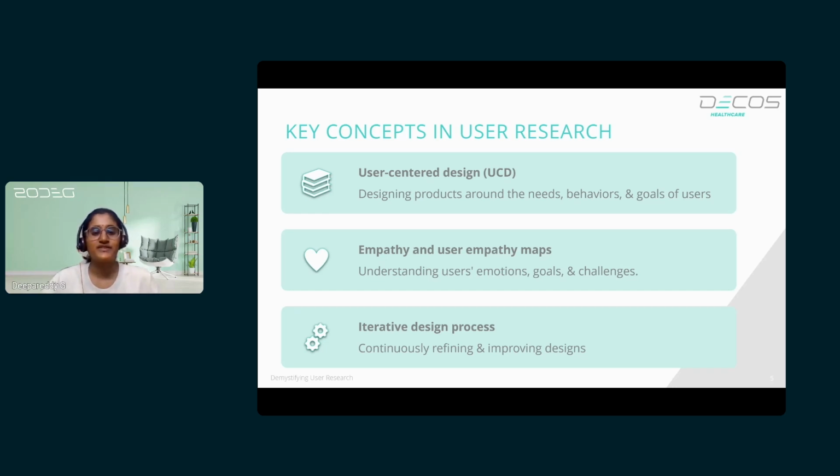Coming to the iterative design process, this process is a dynamic cycle of prototyping, testing, and refining. This approach allows designers to quickly validate their ideas and also address any usability challenges based on real user feedback. Each iteration builds upon the last, fostering continuous improvement and adaptability.